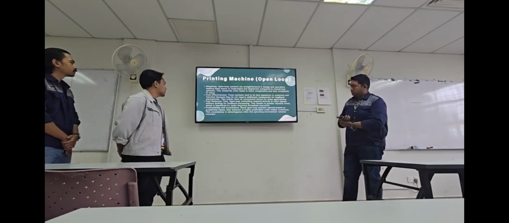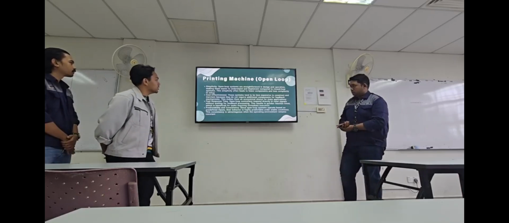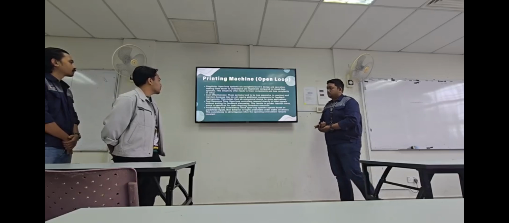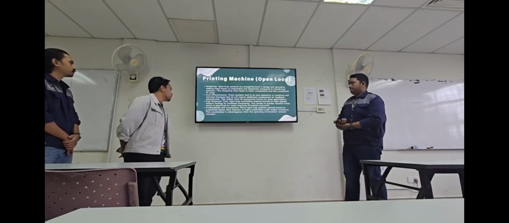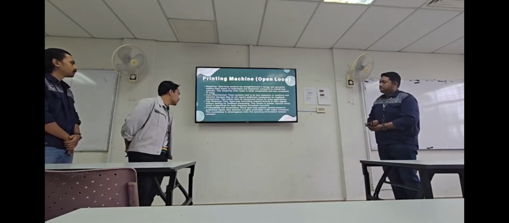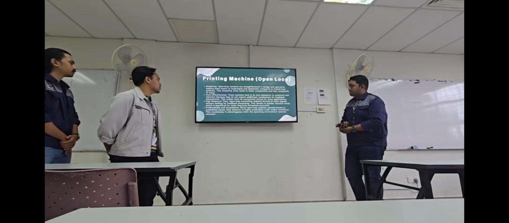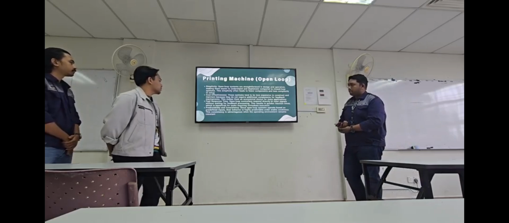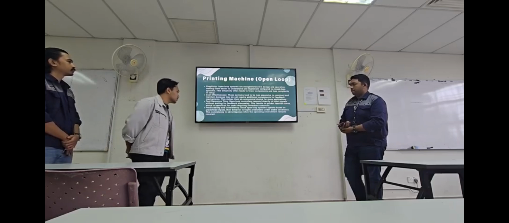Third is fast response time. Open loop controllers respond directly to input signals without waiting for feedback processing. And the last one is predictability and consistency. Since open loop systems operate based on predefined inputs, their behavior is highly predictable under stable conditions. This consistency is advantageous when the operating environment remains constant.